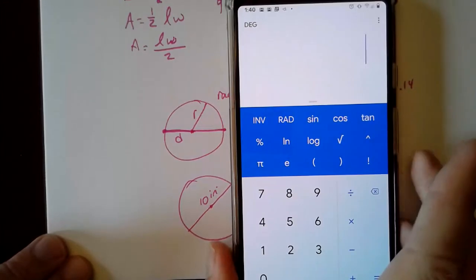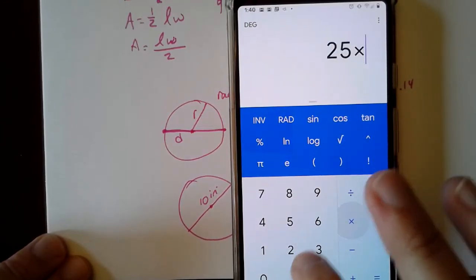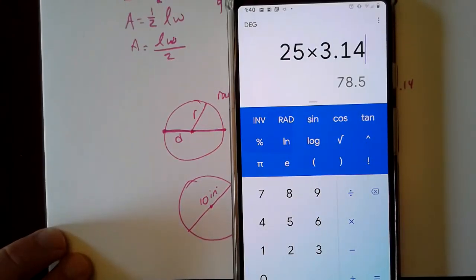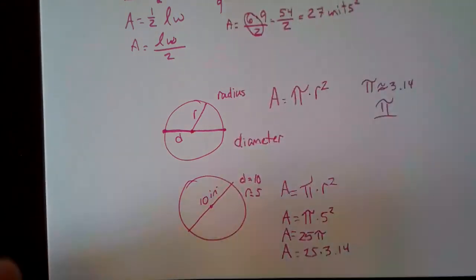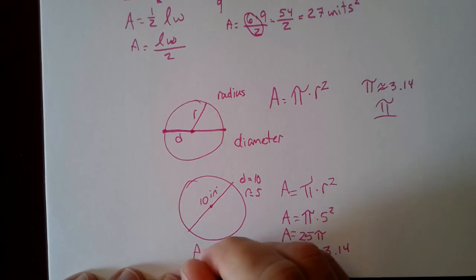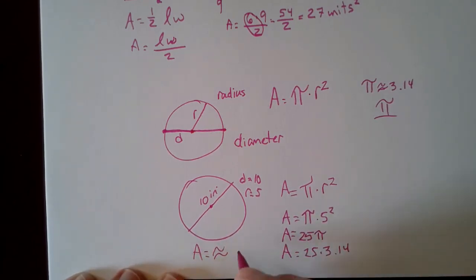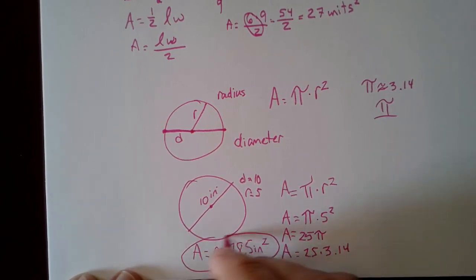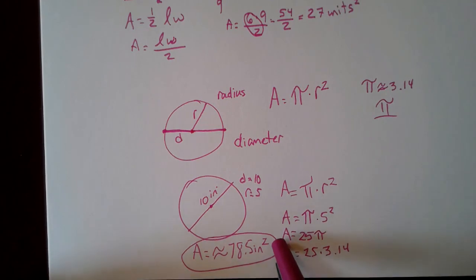Let's do 25 times 3.14. That gives me 78.5. So my area for this circle is about, because it's not exact, 78.5 inches squared. Now I know it's a circle and we said squared, but area, being that it's two-dimensional, is always going to be squared.